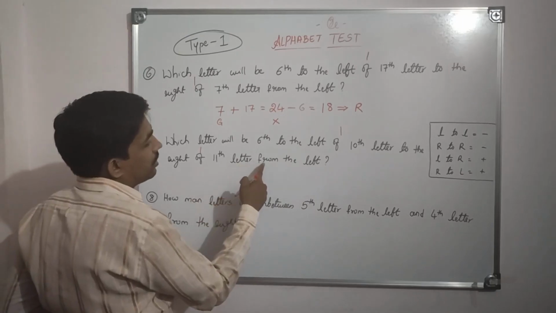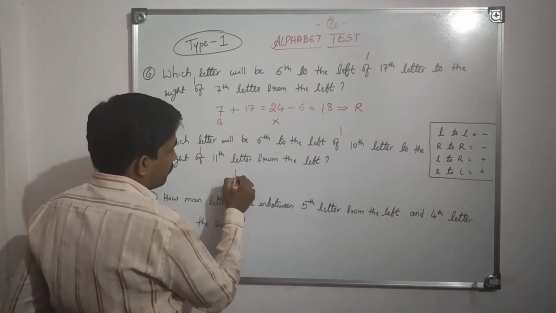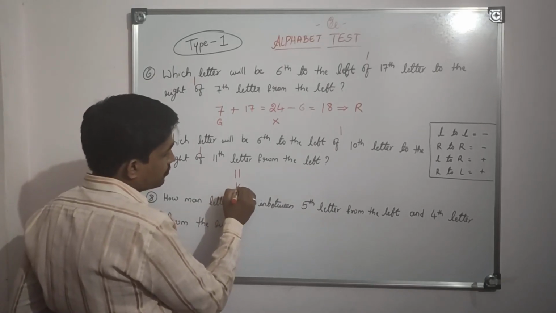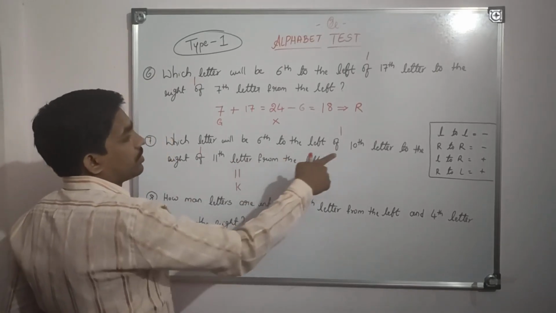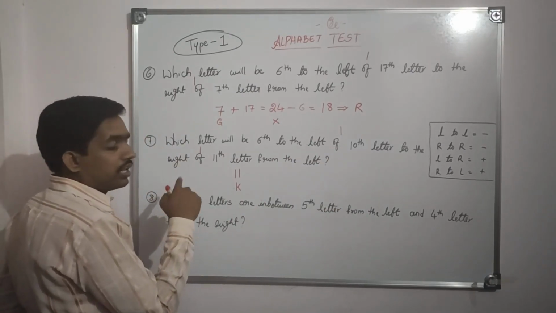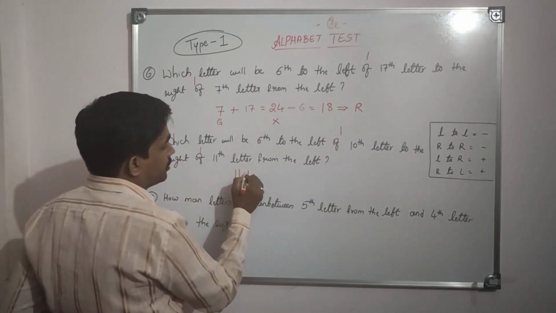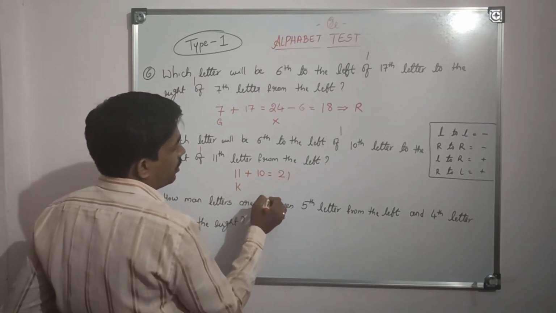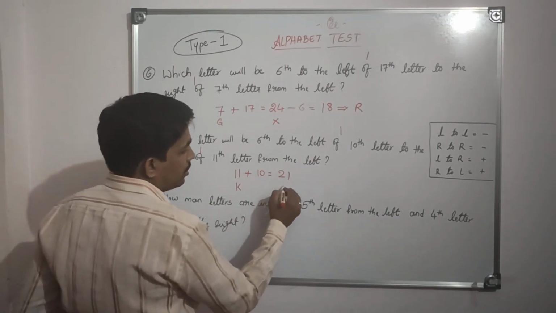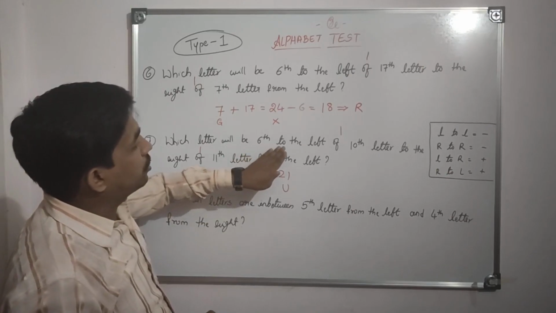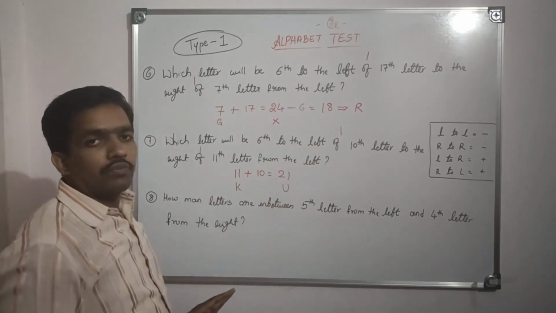So 11th letter from the left is K and 10th to the right of 11th letter. Right of 11th letter means plus 10. What is our answer? 21. Which is our 21st letter? That is U. Okay. So next, 6th to the left of 21st letter.